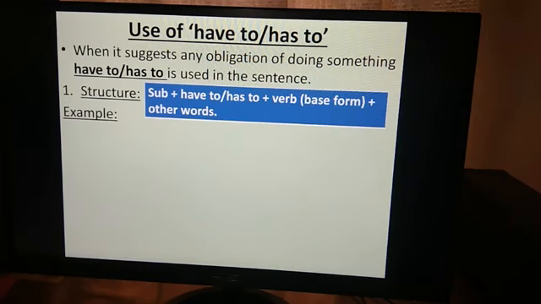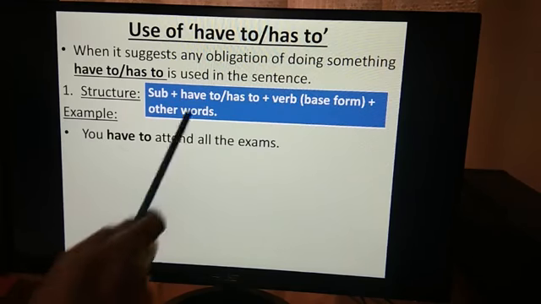So the structure comes like this: subject plus have to or has to plus verb in its base form plus other words. In example we find: you have to attend all the exams.